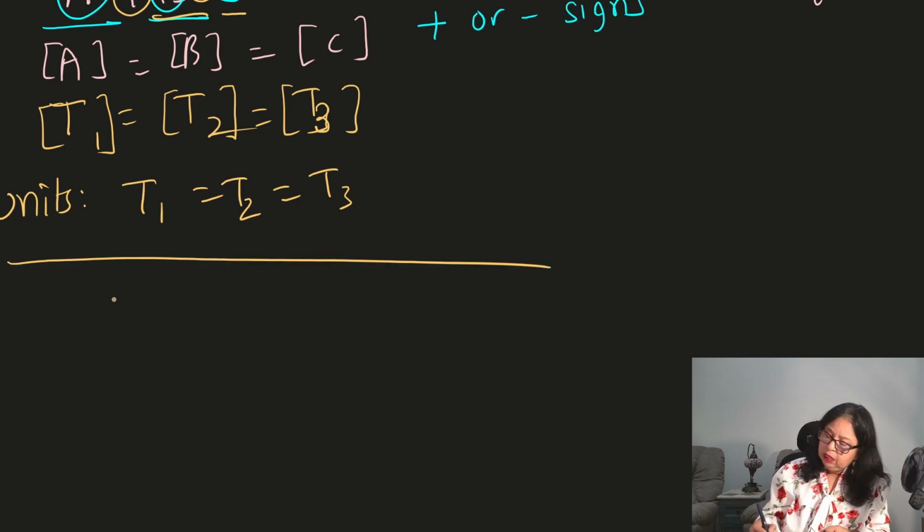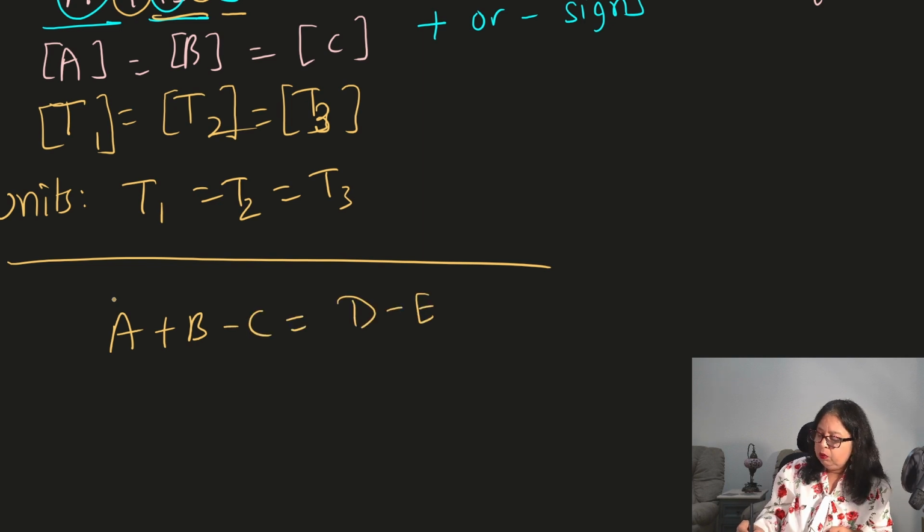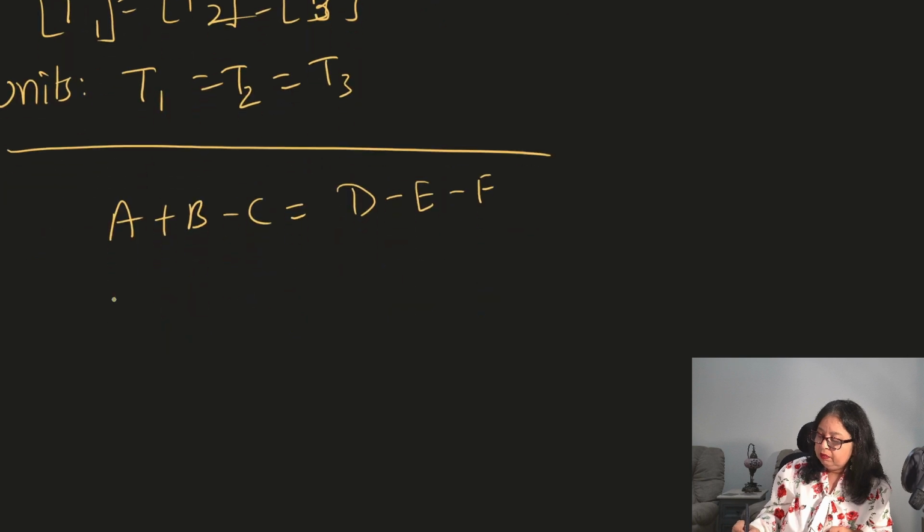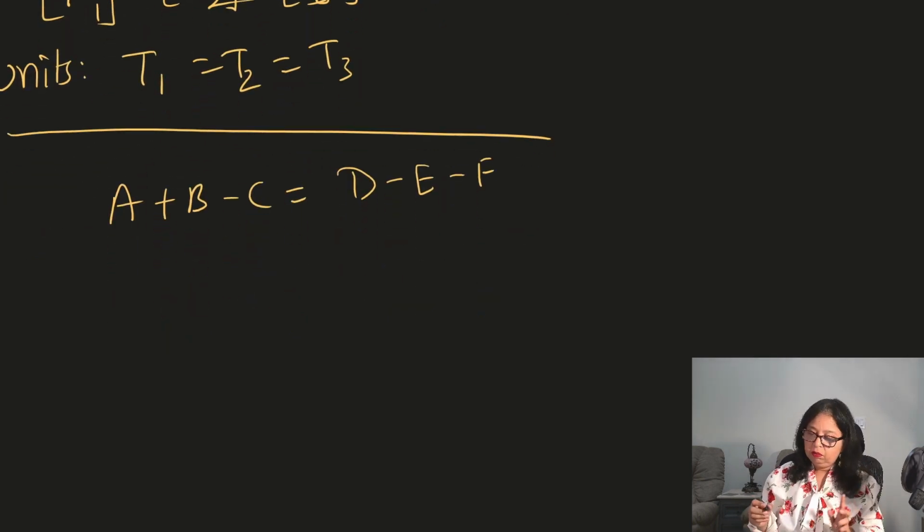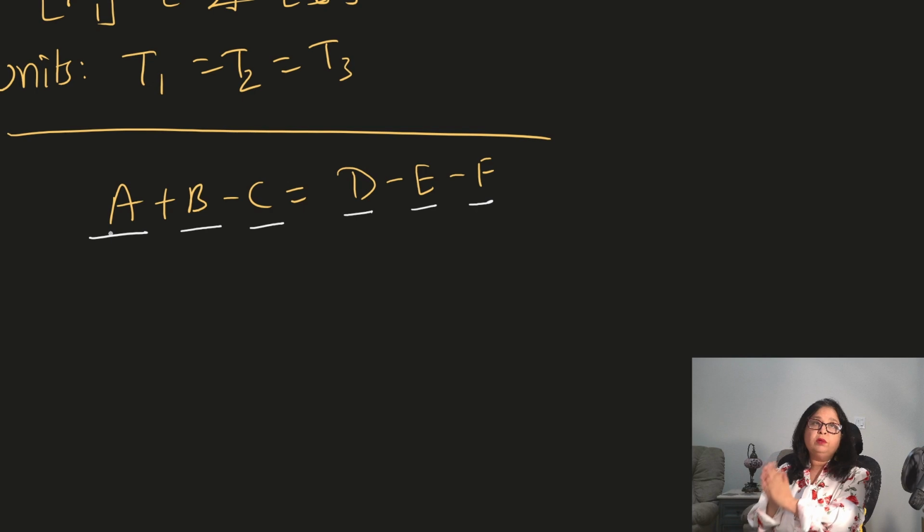And similarly, if I had an equation A plus B minus C equals D minus E minus F, how many terms do we have now? Count with me. Terms are separated by pluses or minuses. So 1, 2, 3, 4, 5, 6. Because we have some terms on the right-hand side of the equation as well.